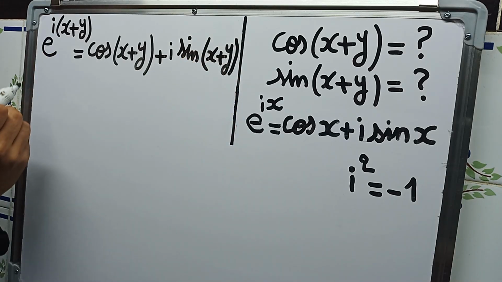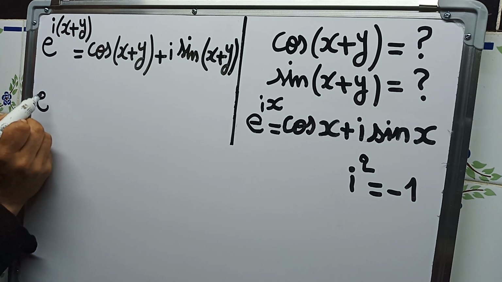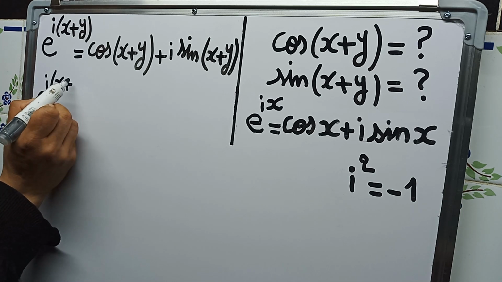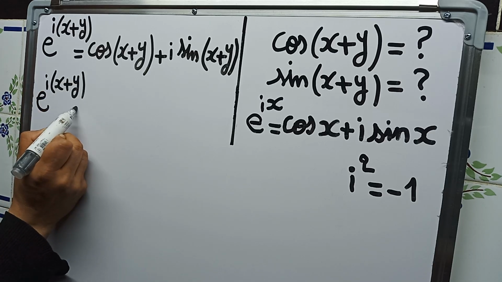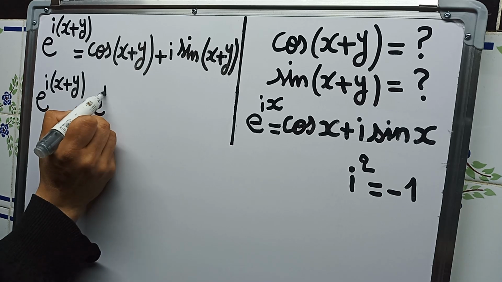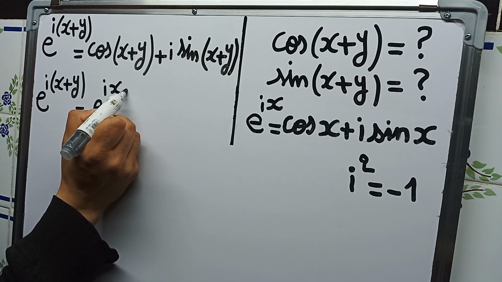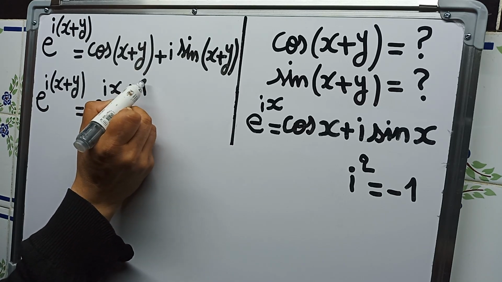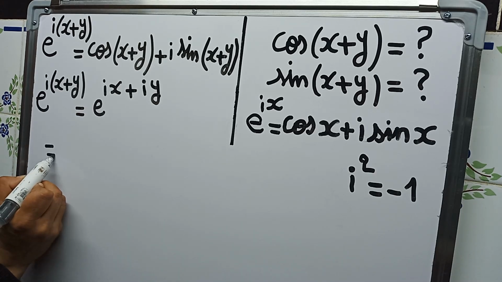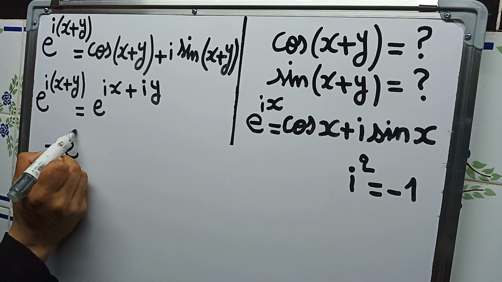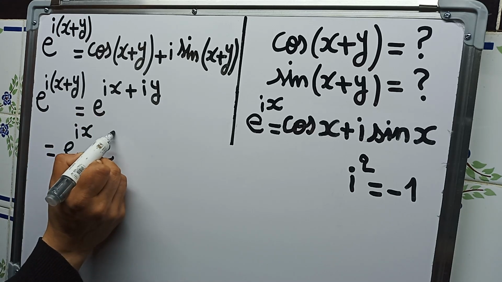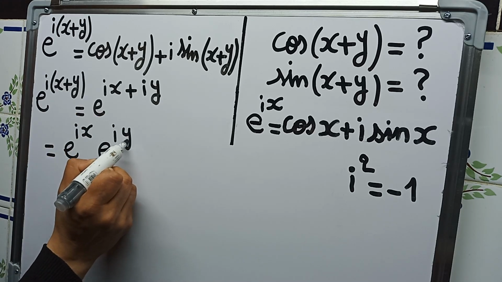And the same number e^(i(x+y)), distributing, is equal to e^(ix + iy). And since it's a power, it's equal to e^(ix) times e^(iy).